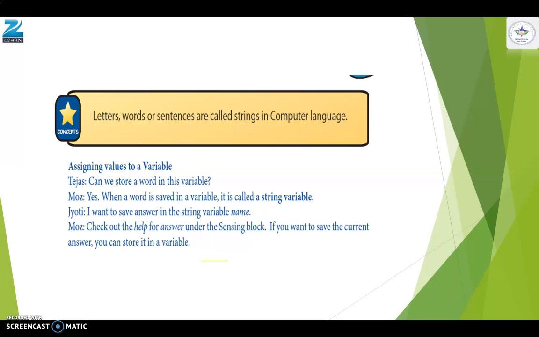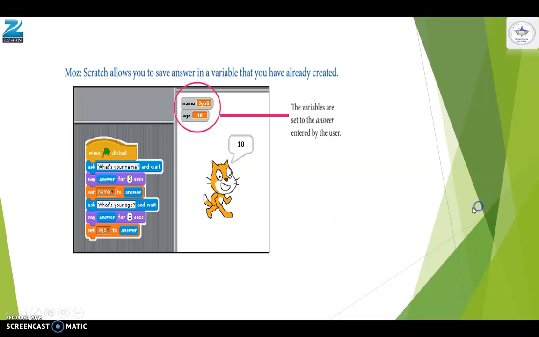If you want to save the current answer, you can store it in a variable. We are capturing the input in the answer block, so we can use that answer block to set the value of the variable. Here you can see these values are stored. The variables are set to the answer entered by the user.